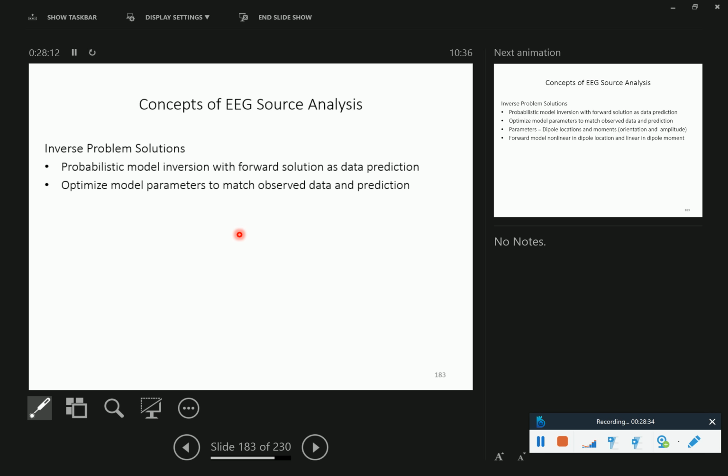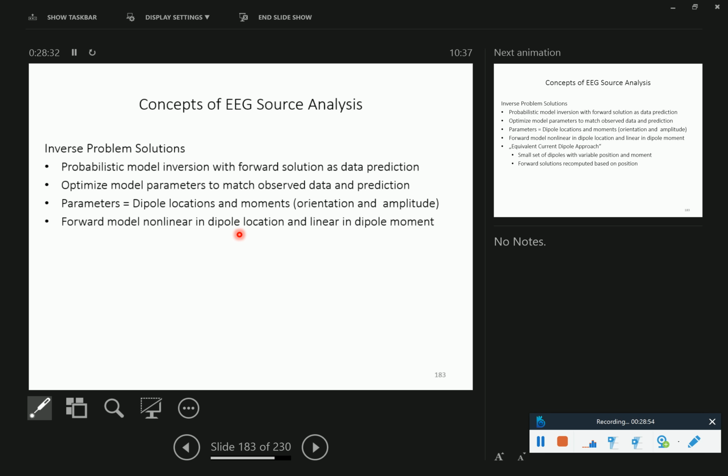So the forward solution says if things are like that, then it looks at the electrode level like that, although this needed to be computed. And now you want to go back in the other direction. So you have to optimize some model parameters to match the observed data. What are the parameters in this case? Now we're leaving the GLM again. The parameters are the dipole locations and moments, the moments referring to the orientation of the dipole and its amplitude.